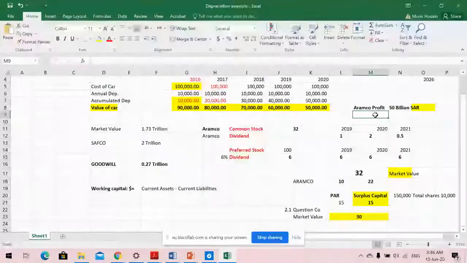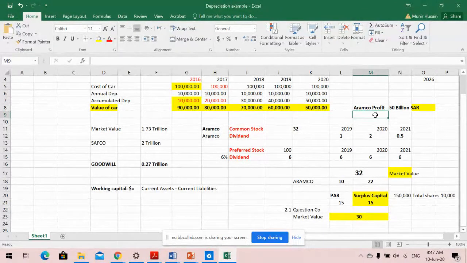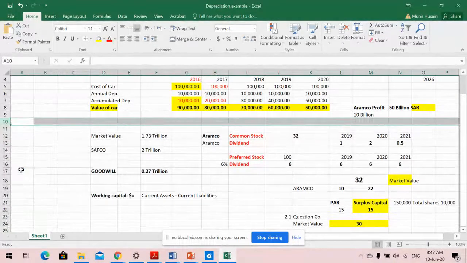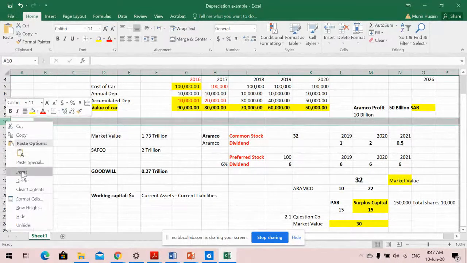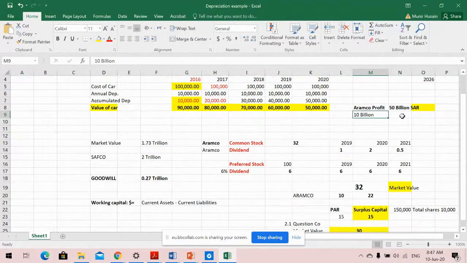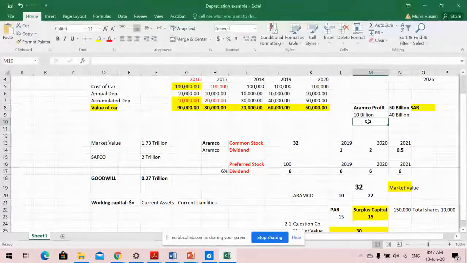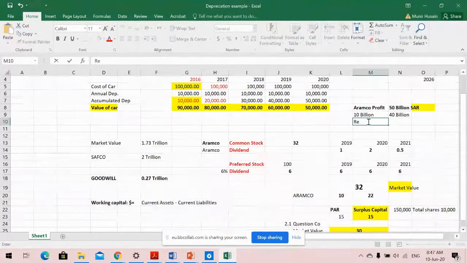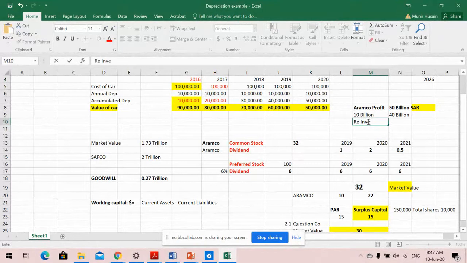So now you have a choice: either take all, or let's say you take 40 billion and reinvest 10 billion. That 10 billion is a reinvestment, or you retained it.